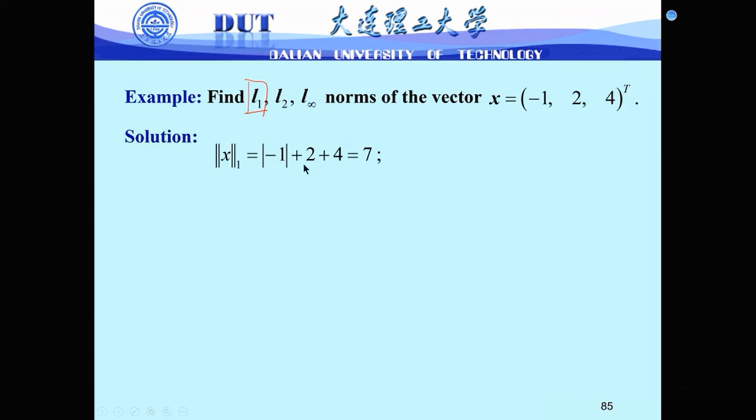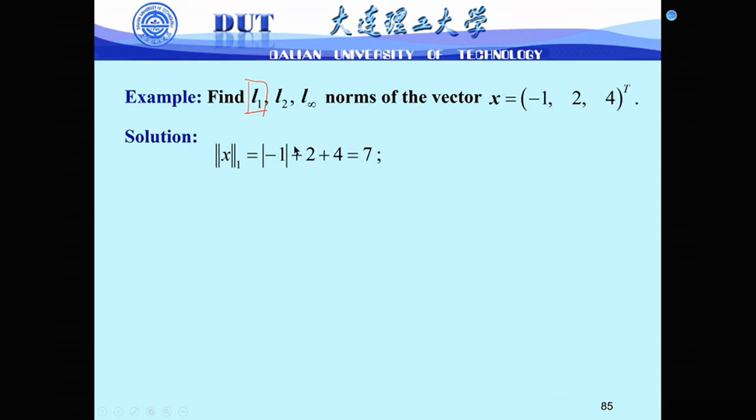So the total score, the L1 norm, is 7. Don't make a mistake. Don't compute like 4 plus 2 minus 1. That's wrong. You should always remember to use the absolute value. This is the L1 norm. It's simple, right?